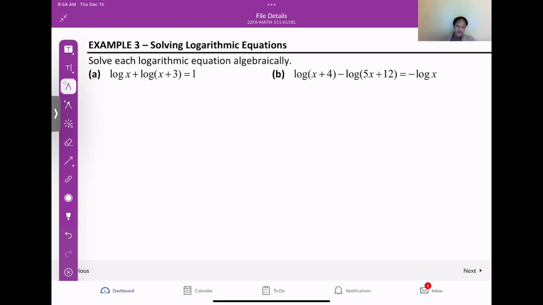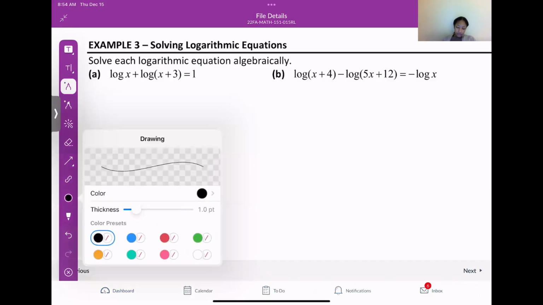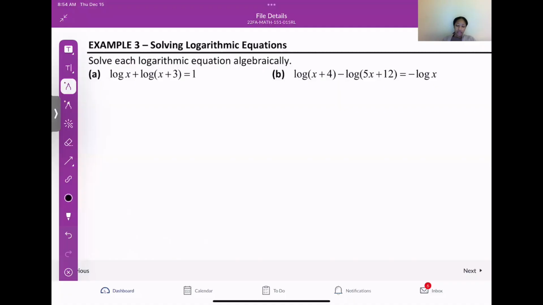All right, so for problem A, we have log of x plus log of x plus 3 equals 1. For log of x plus log of x plus 3, we can condense this into one single logarithm by multiplying the x and the x plus 3. So this is log of x times x plus 3.